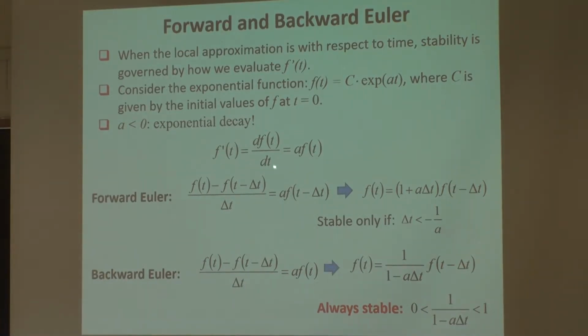Here is a function f(t), a function of time progression. The simplest case is f(t) equals an exponential function, e to the a t, where a is less than 0. This is first order chemistry, called the Arrhenius relation.